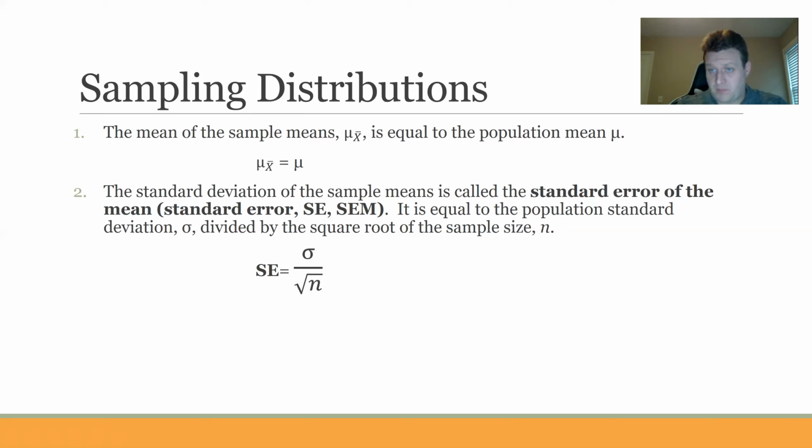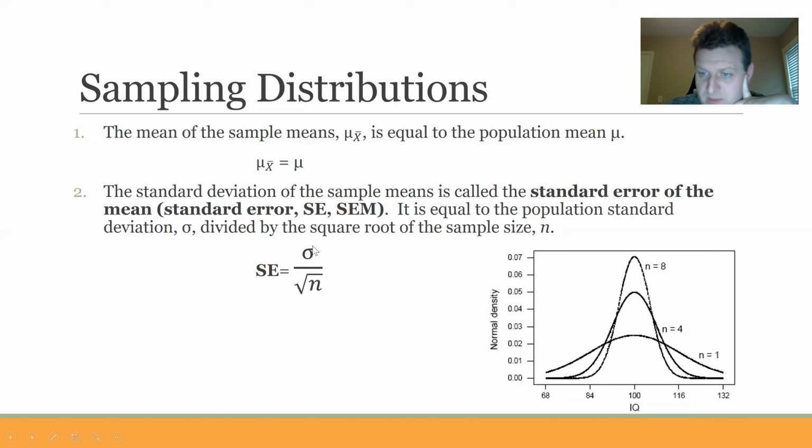So the greater the number of subjects that we're sampling, the smaller the standard error of the mean is going to be. And here are some examples of sampling distributions of varying sample sizes.